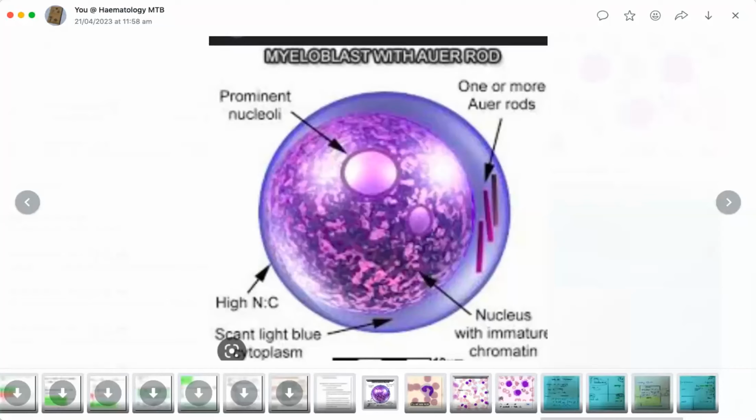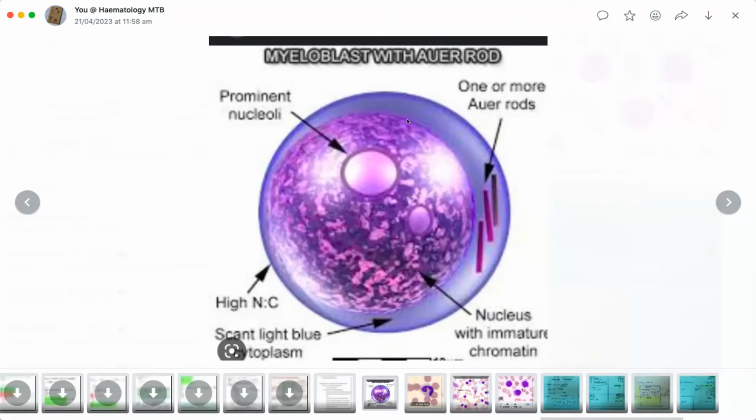So if you can see, this one is our Auer rod cell. Can you see this one? This you can say is needle shaped. It is the cytoplasm, the bluish one. So these Auer rods are in the cytoplasm, not in the nucleus.